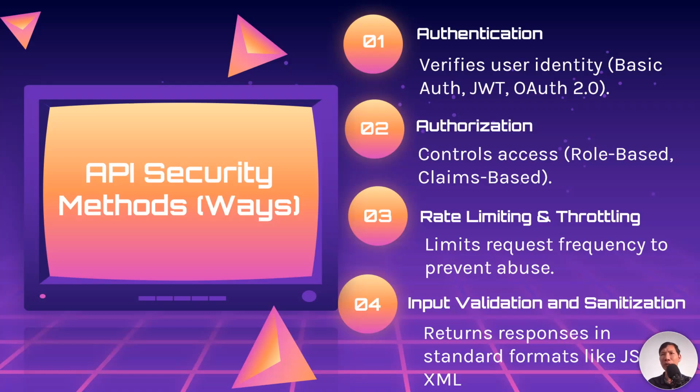We need to make sure the data sent by the user to the API is in the correct format, preventing attacks like SQL injection. We always need to validate and sanitize input data to prevent injection. So this is another way to make sure of our API security.